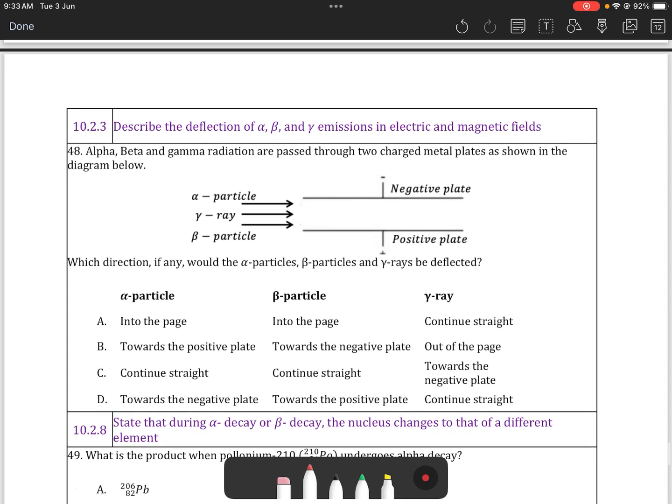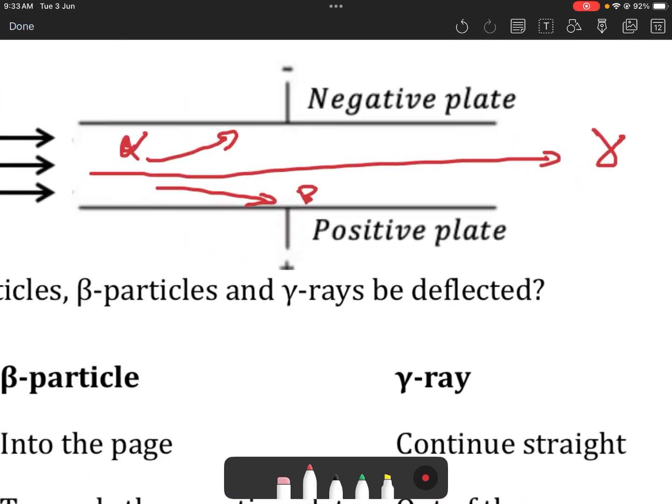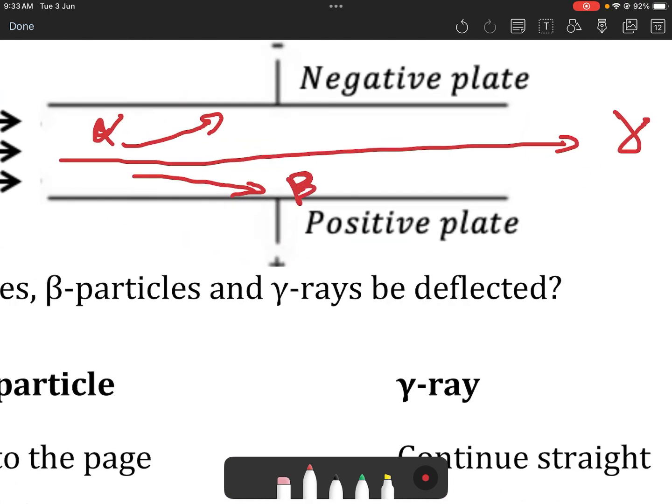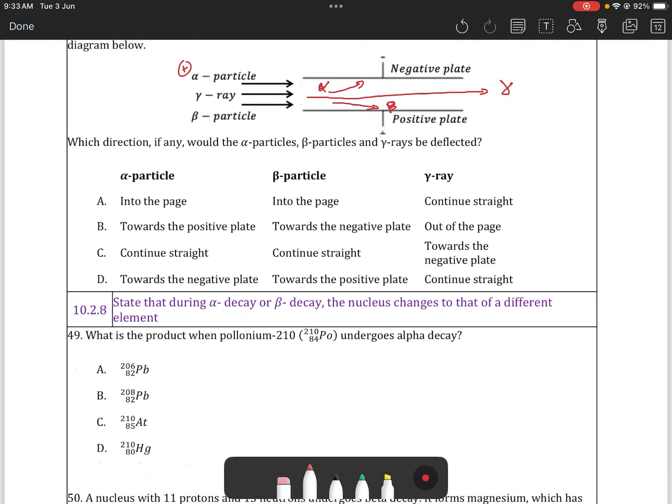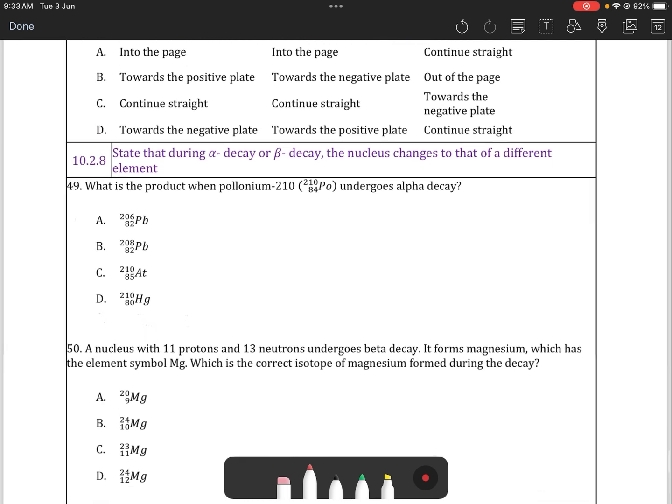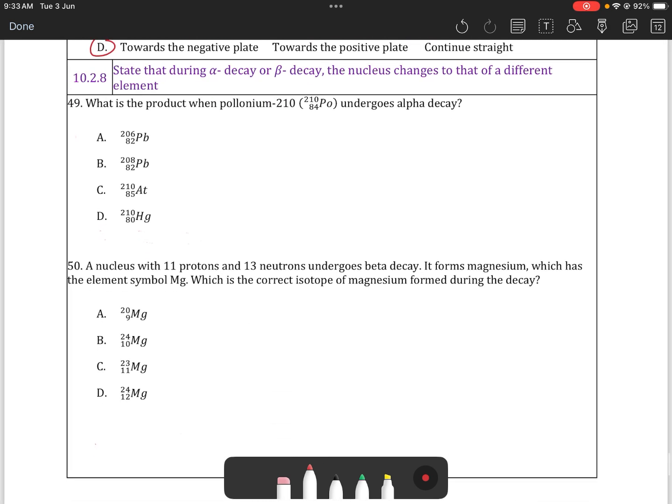That makes sense, I think. So, which one of those choices will give us the right answer? The answer is D. Alpha will go toward the negative, beta toward the positive, and gamma will continue straight.